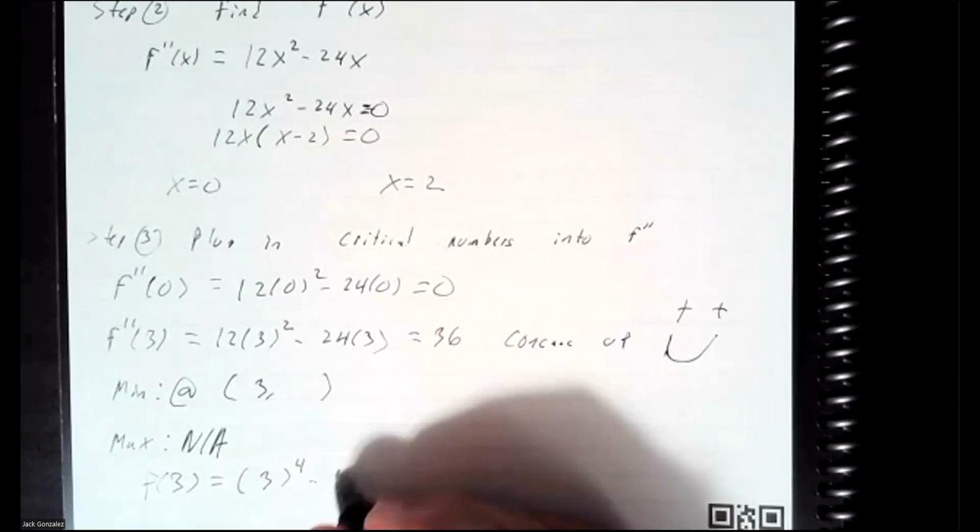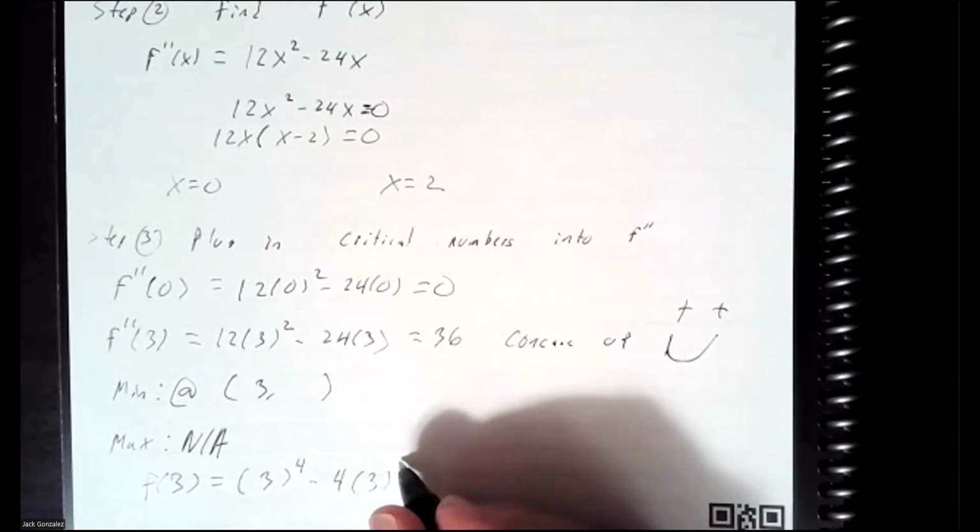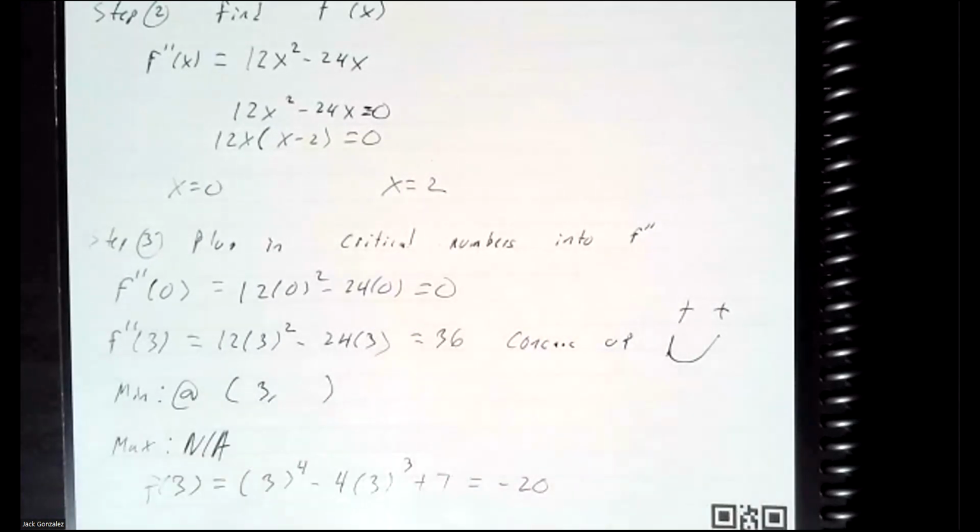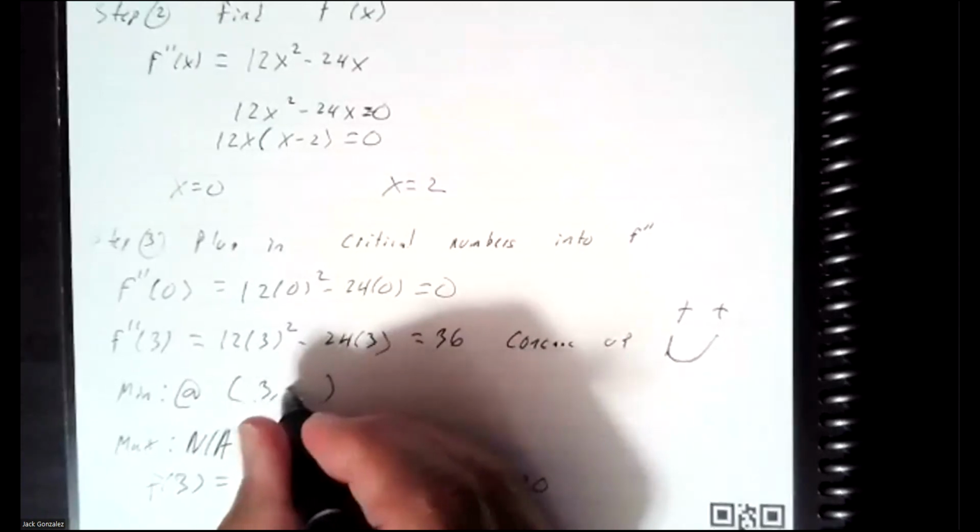So that would be 3 to the 4th minus 4 times 3 cubed plus 7, which is negative 20. So negative 20.